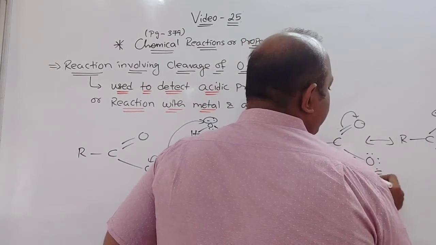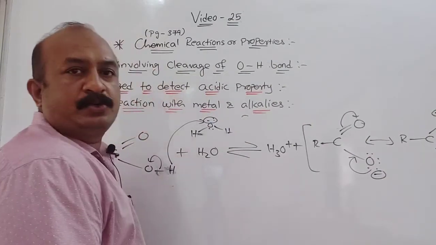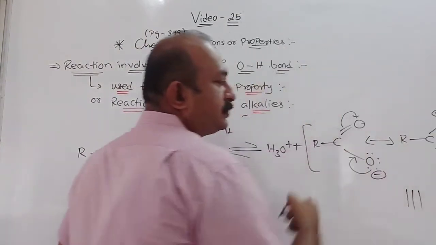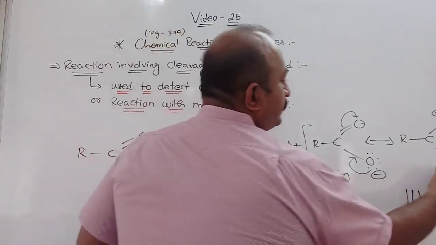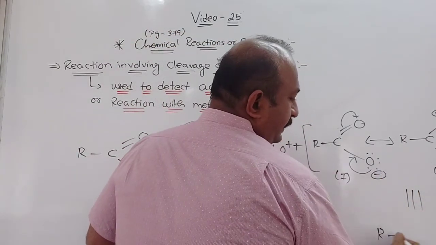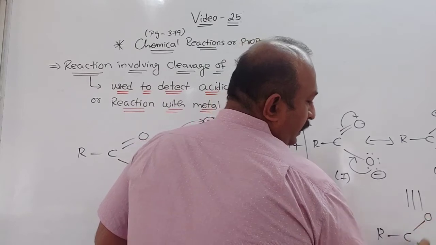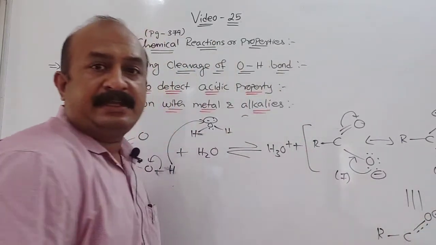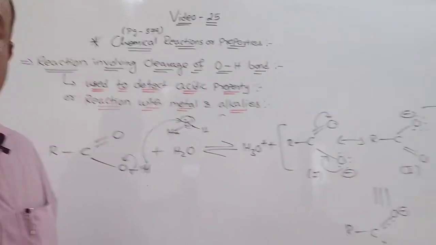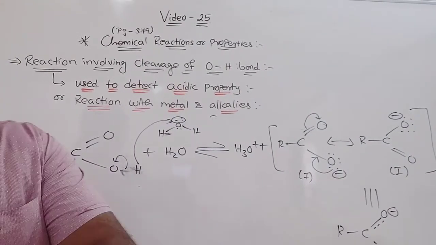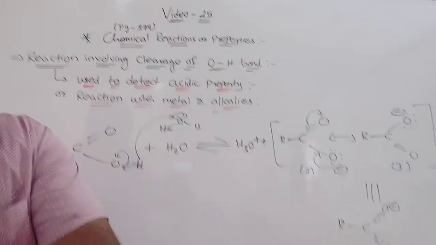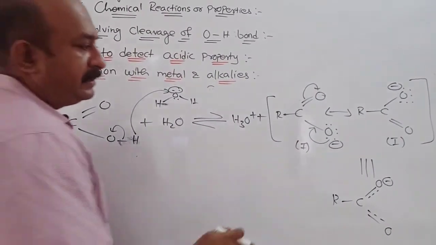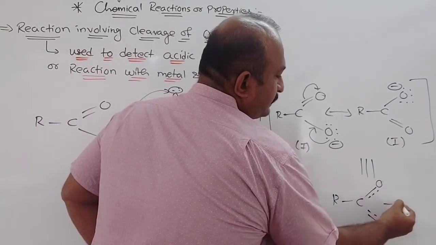So if you see, the minus sign is delocalized at two places. If you give the resonance hybrid for these two structures, structure 1 and structure 2, you can write like this, RC O, here also O, and a dotted line you can show, in which the minus sign can be written on any of these, so it is written in the center.